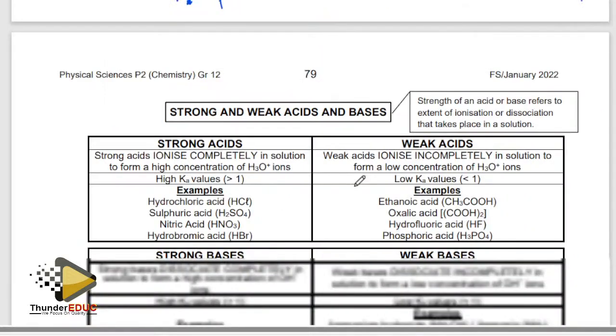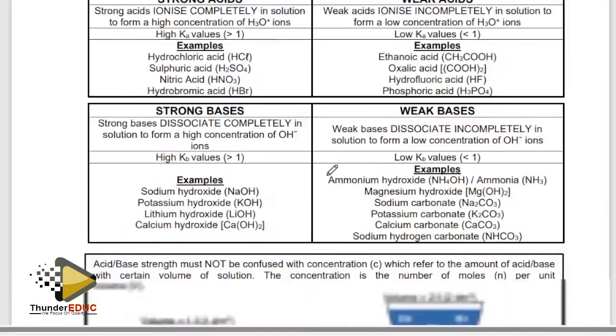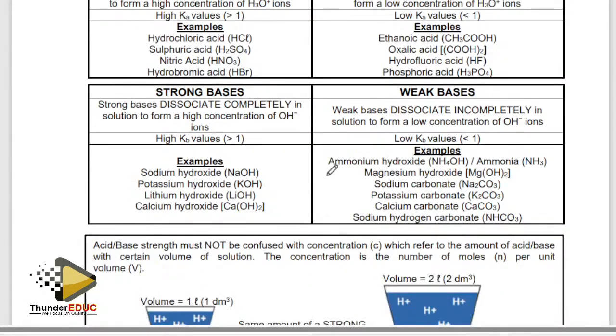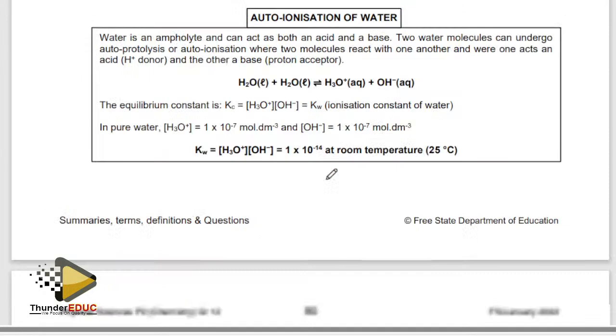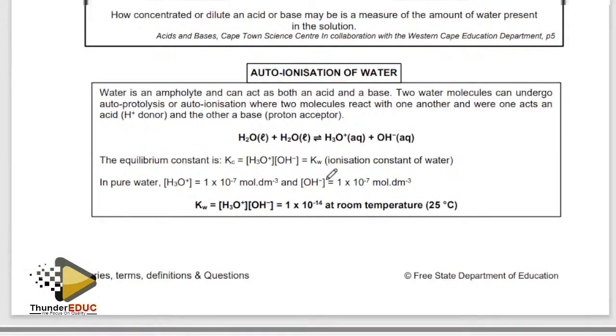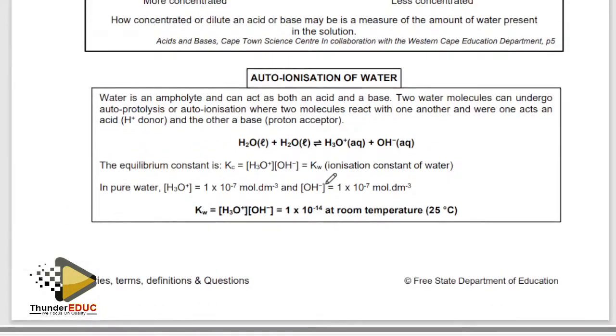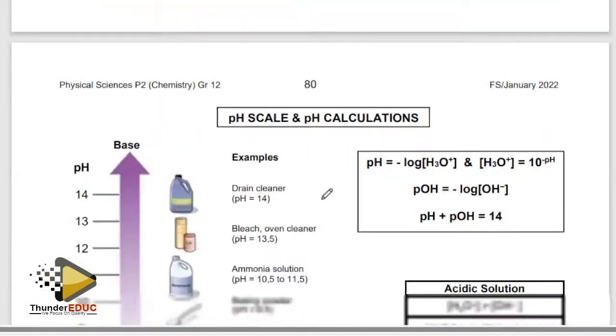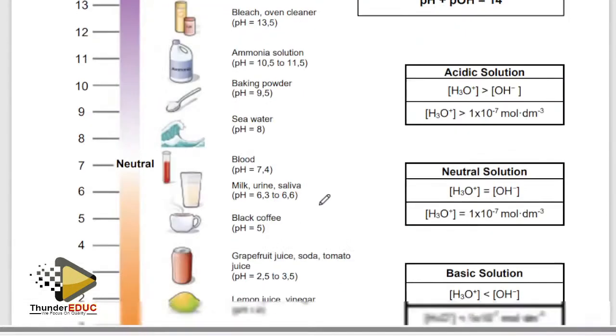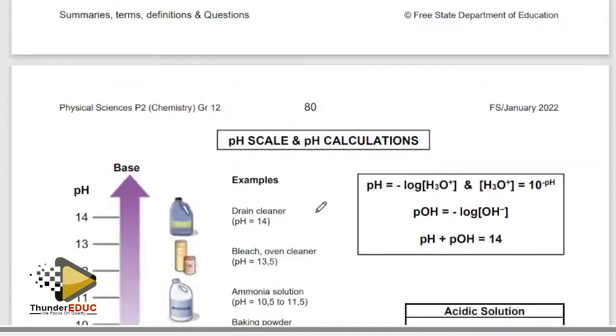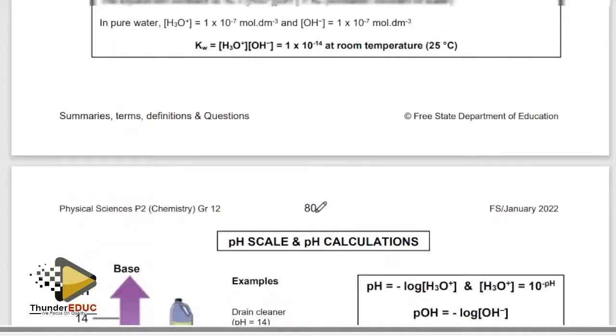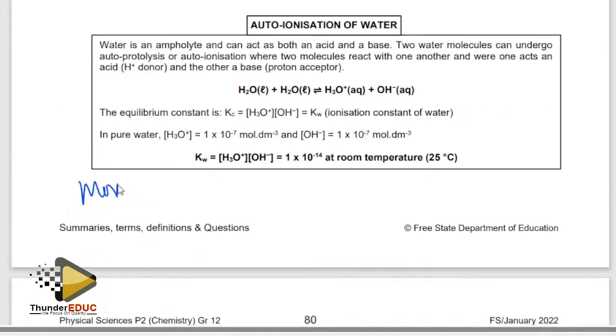Then, what is an acid? We have three types of acid: a monoprotic acid, a diprotic acid, and a triprotic acid. Monoprotic means an acid which can produce one hydrogen ion, like nitric acid.